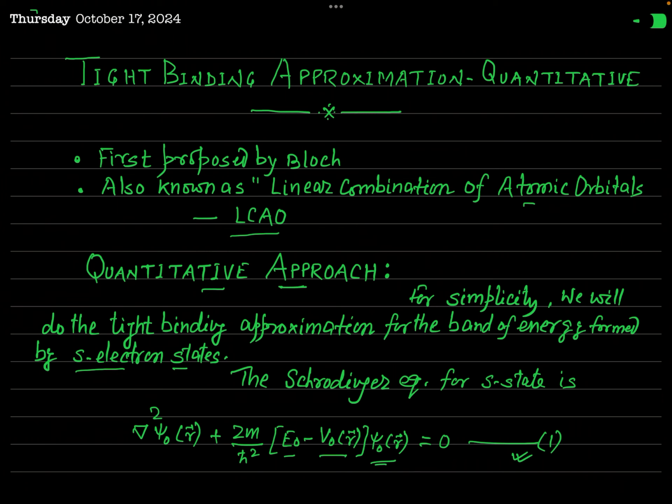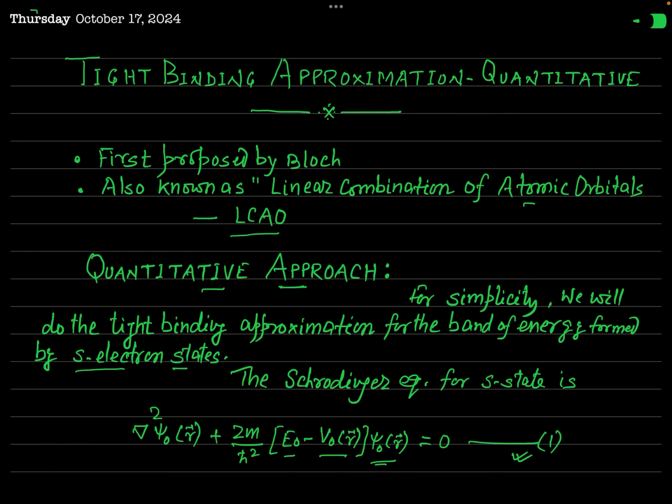So del square psi naught R plus 2m over h bar square times E naught minus V naught of R psi naught of R equals 0. This is the wave equation, or you can say the time independent Schrodinger equation for the s state of the electron.